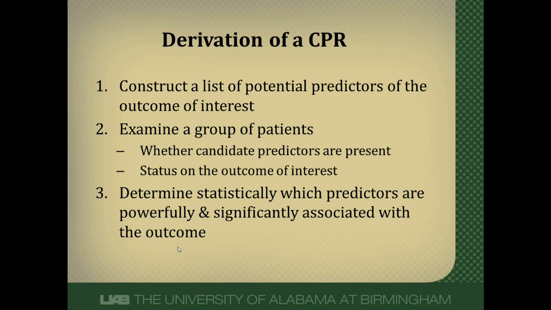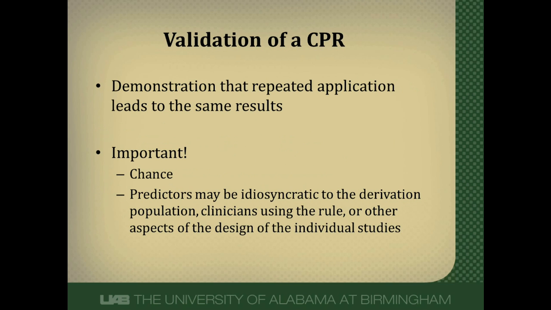Then you put them into a variety of statistical models and see which of those prediction factors are associated with the outcome of interest at a p-value less than 0.05 or less than 0.01. And then you also want to make sure that they're very powerfully associated, because there are lots of things that have weak associations, but for one of these rules, we want it to be very parsimonious, and for each one of those things to be very powerful and clinically significantly associated with the outcome of interest.